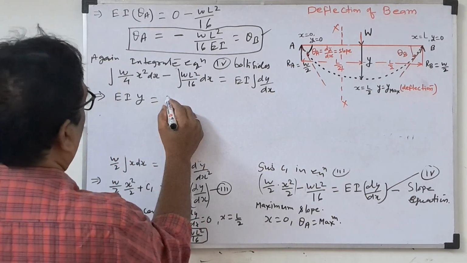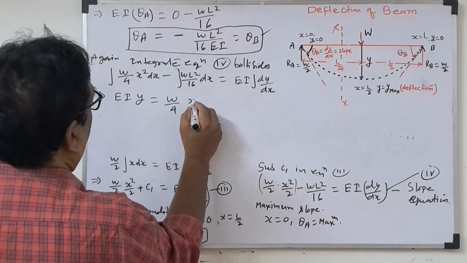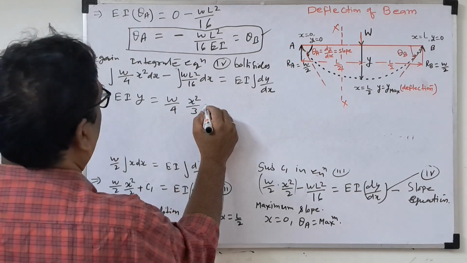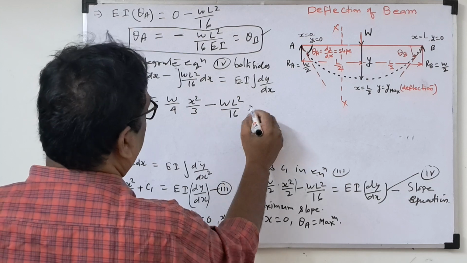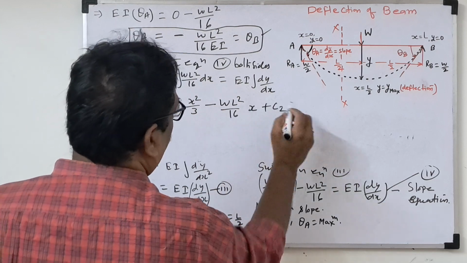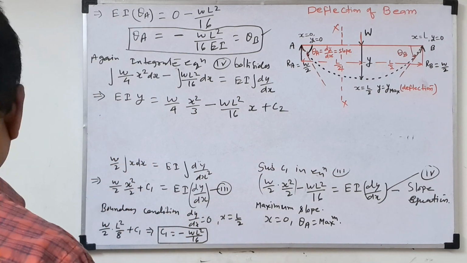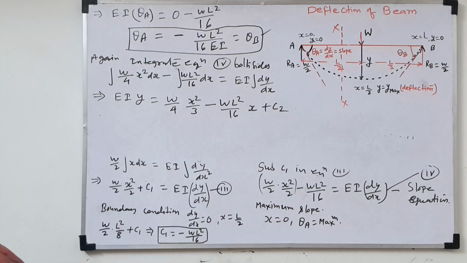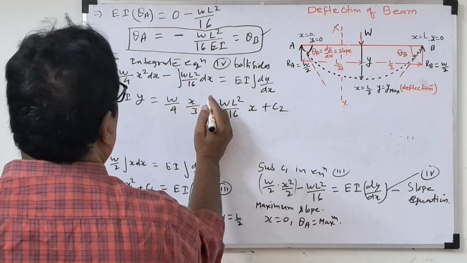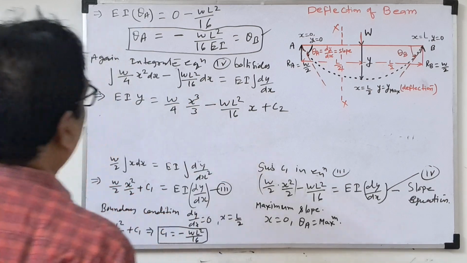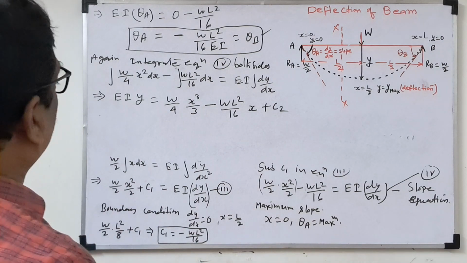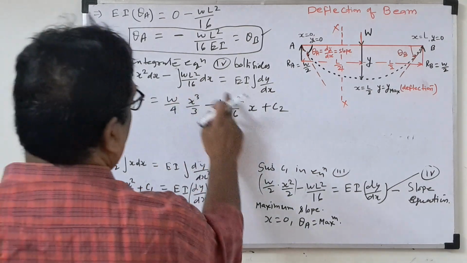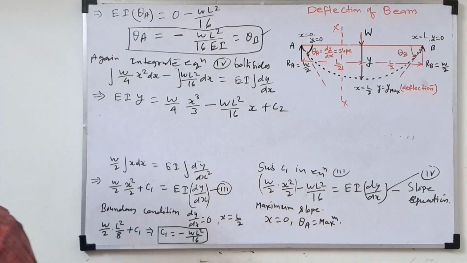Now W by 4 as it is, x cube by 3, minus WL square by 16 as it is, the integration of dx is x, plus some constant, we'll take C2. So EI y equals W by 4 x cube by 3 minus WL square by 16 x plus C2.